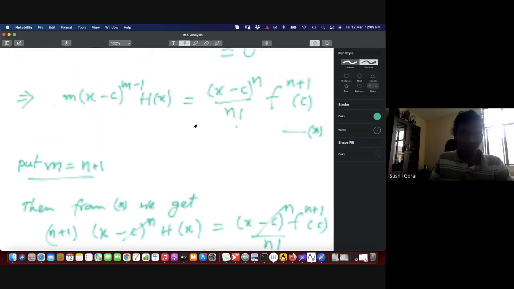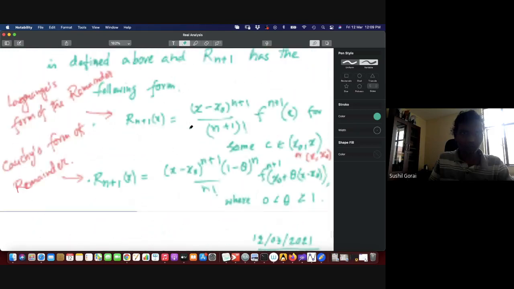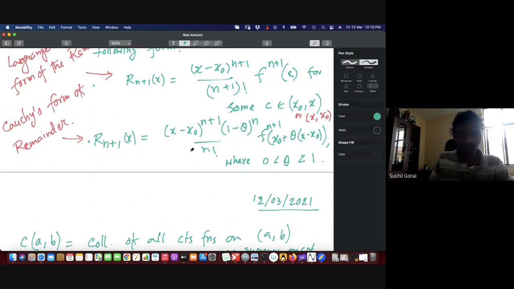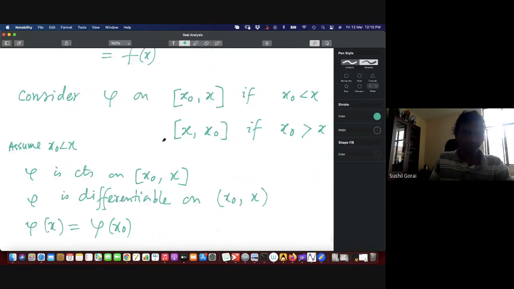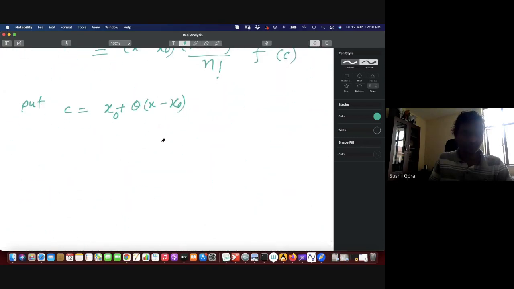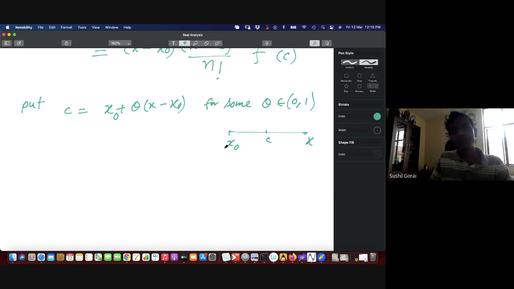Right, so that's what it is in the beginning: x naught plus theta times x minus x naught, for some theta belongs to (0, 1), because if this is the line joining x naught here and x here, any point c can be written as a convex combination of this x naught and x.